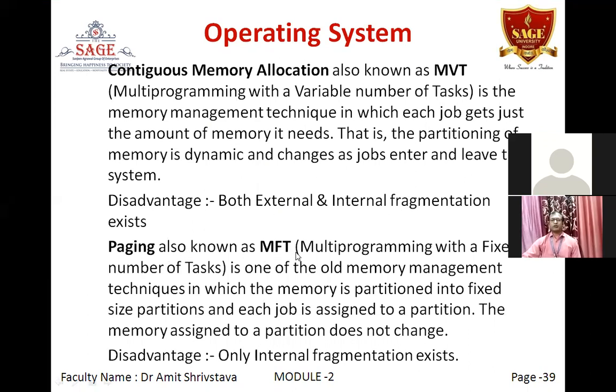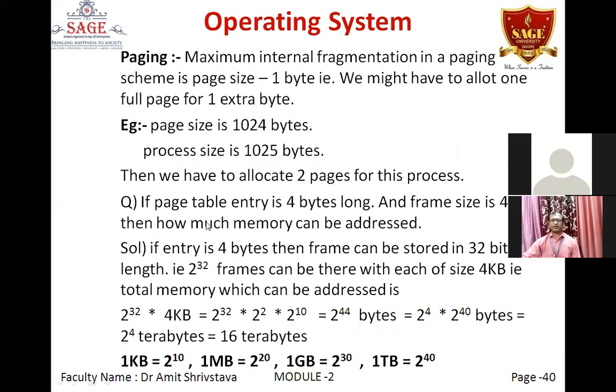And paging, also known as MFT, multiprogramming with a fixed number of tasks, is one of the old memory management techniques in which the memory is partitioned into fixed size partitions, and each job is assigned to a partition. The memory assigned to a partition does not change. The disadvantage is that here only internal fragmentation exists. There is no external fragmentation.